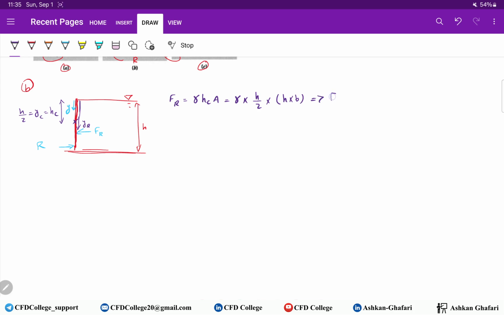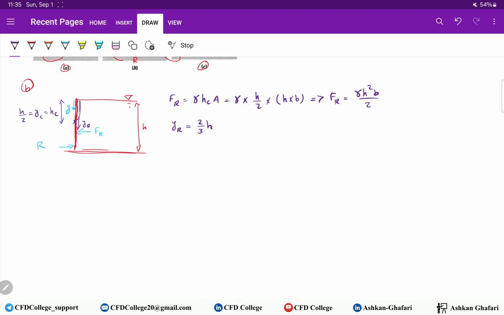So Fr equals gamma h square b over 2. And since it's a rectangular gate, yr equals 2/3 of h from the top.